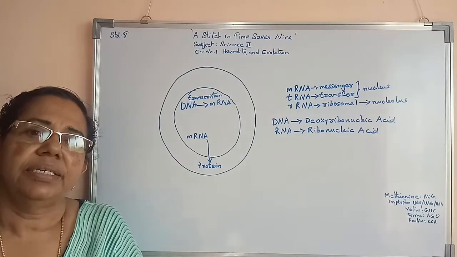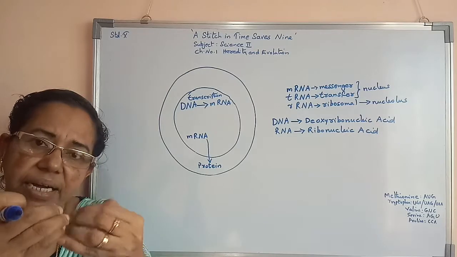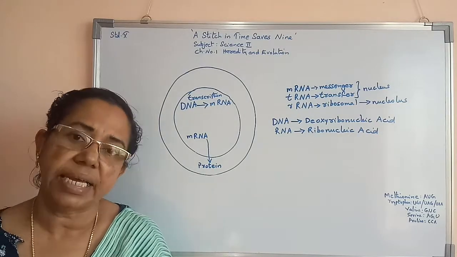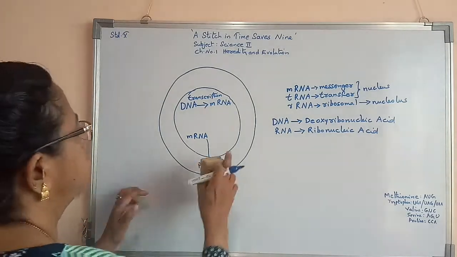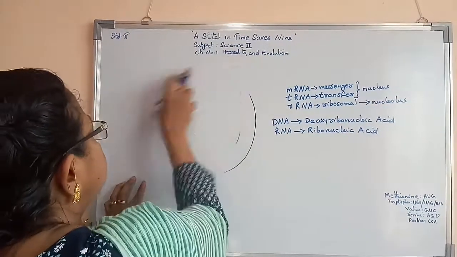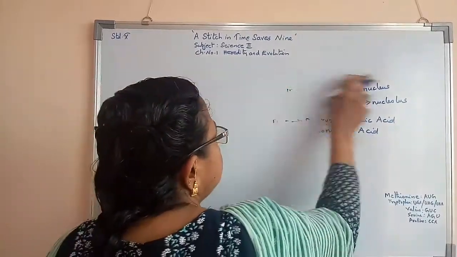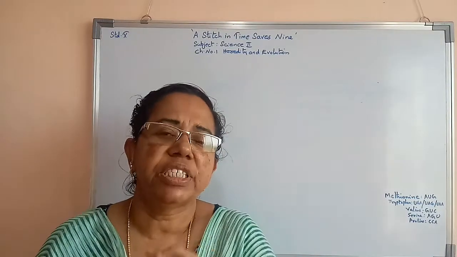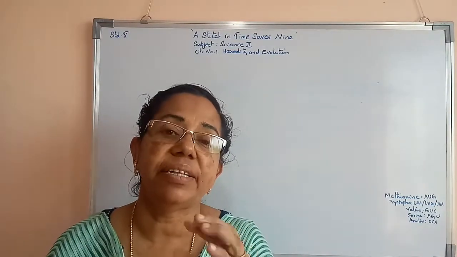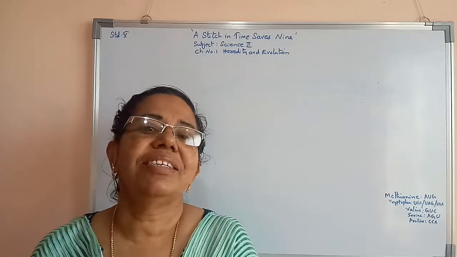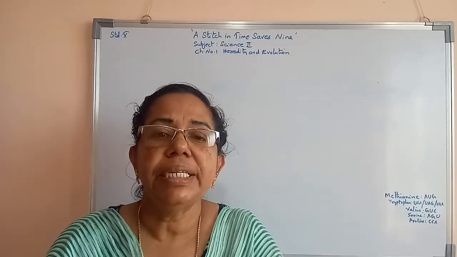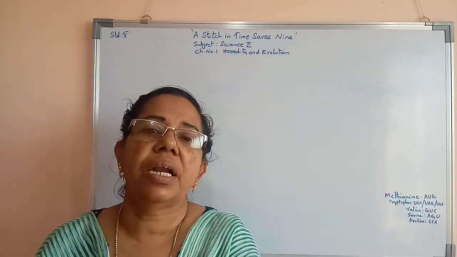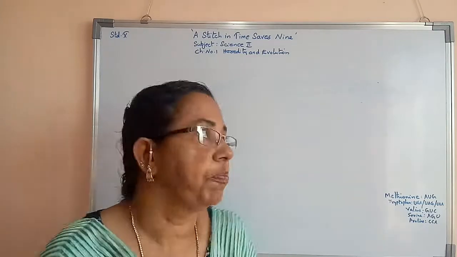After that, we will study in detail how messenger RNA enters into the cytoplasm. The process I am showing you is happening inside the nucleus. That is the transcription process, meaning the formation of messenger RNA, that is mRNA, from DNA.